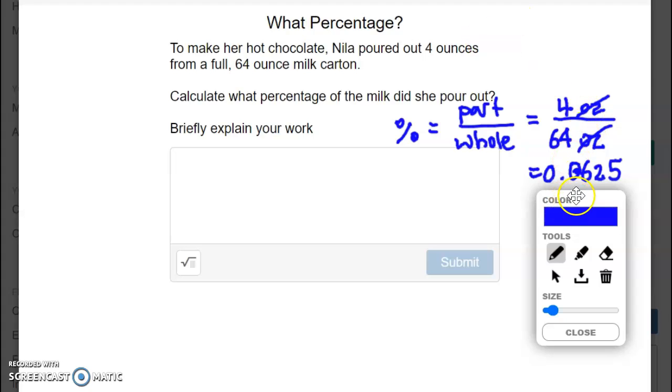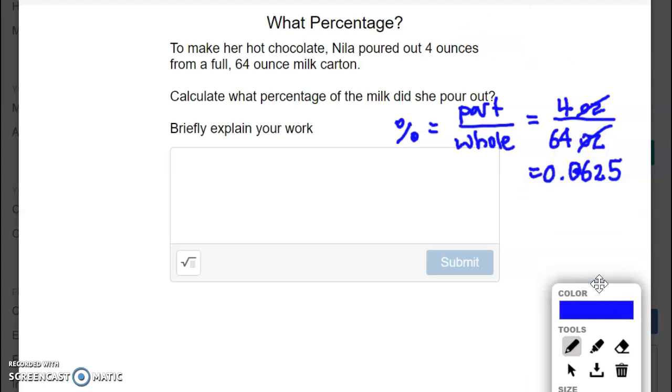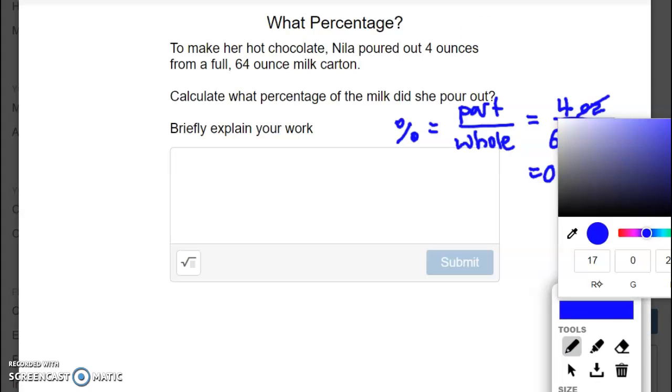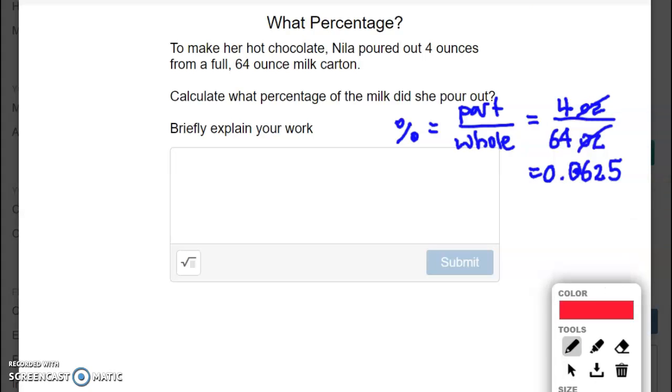Okay, how do I convert this into percentage? This is just decimal, so how do I convert this into percentage? That is by moving the decimal place 2 places to the right. So now the new percentage is right there, which is equivalent to 6.25%.